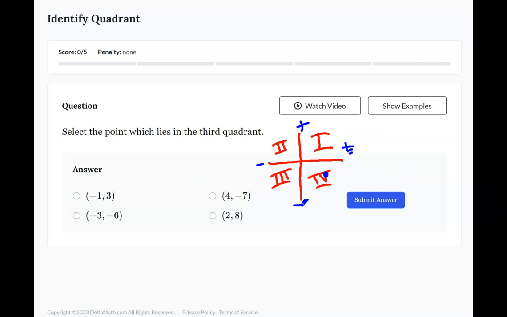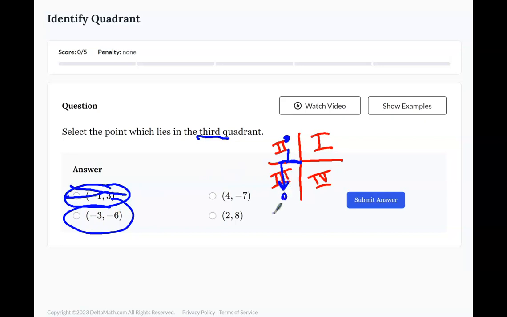So let's take a look at this first point. I'm going to clear away some of these marks. And let's take a look at -1, 3. -1, 3 would be in this location, which is not the third quadrant. So that's out. -3, -6 would be right here, and that is the third quadrant.